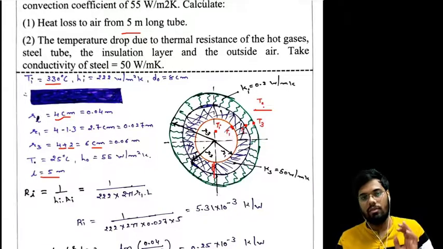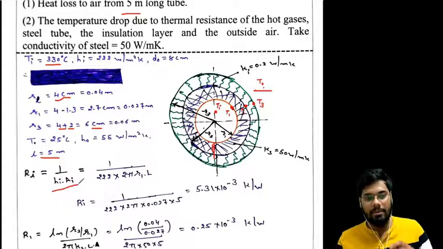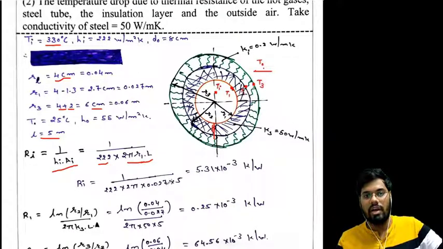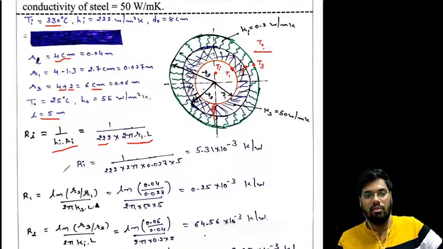So our first resistance is the convective resistance, which is 1 upon Hi into Ai. The value of Hi is already given in the question. The inside surface area would be 2 pi R1 into L.